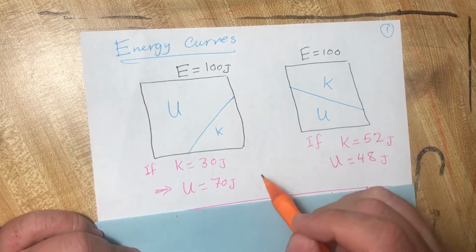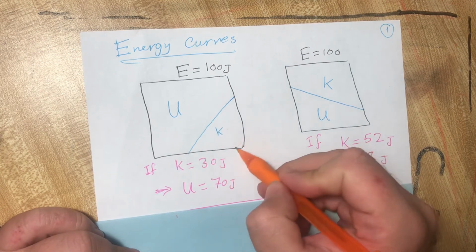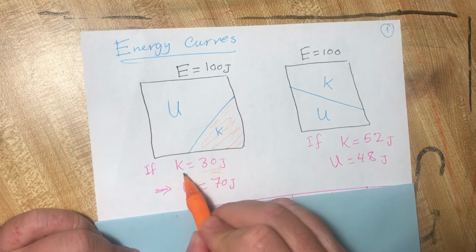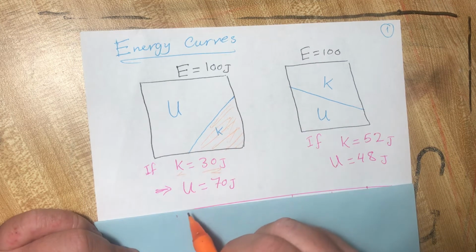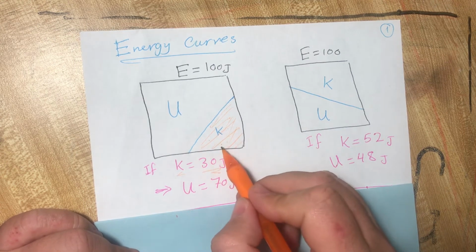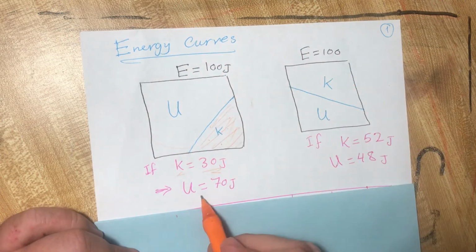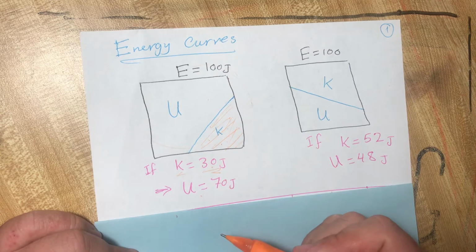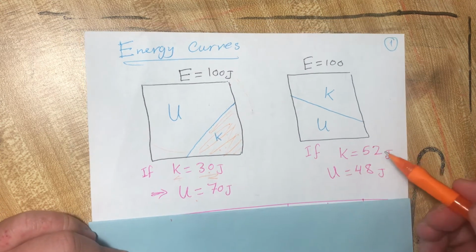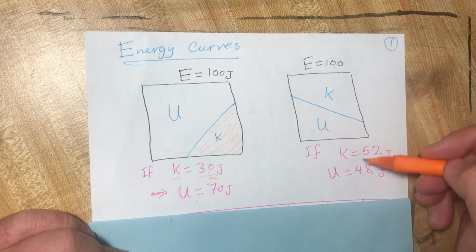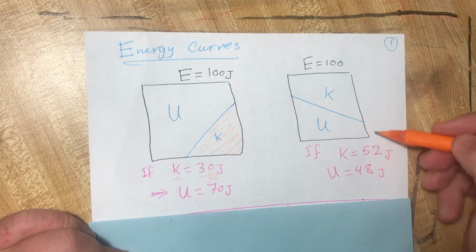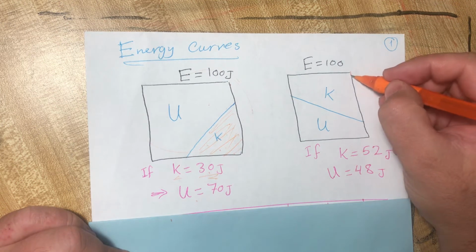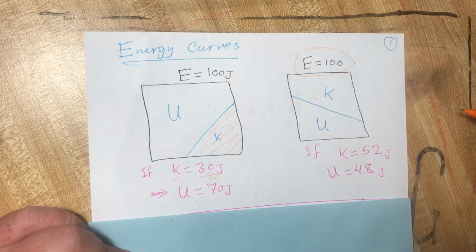If a part of this mechanical energy is 30 joules as kinetic energy, then the rest of this mechanical energy is 70, which is 100 minus 30. And also, if the kinetic energy or potential energy changes its value, the other one will change to keep a constant mechanical energy.